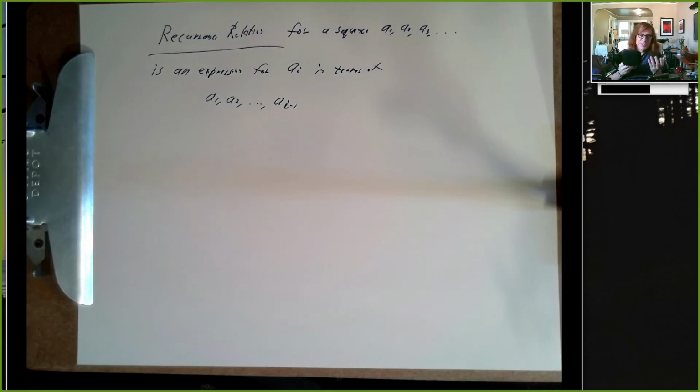A recurrence relation is a way to express the nth term of a sequence by using the first n minus 1 terms of the sequence.